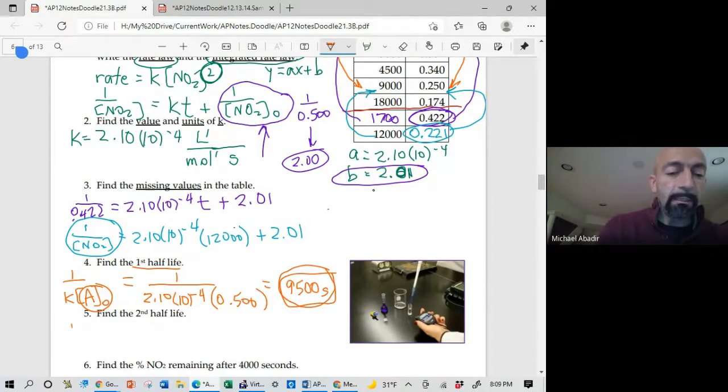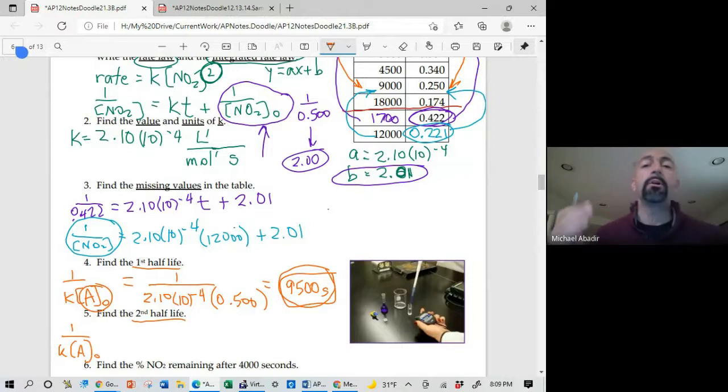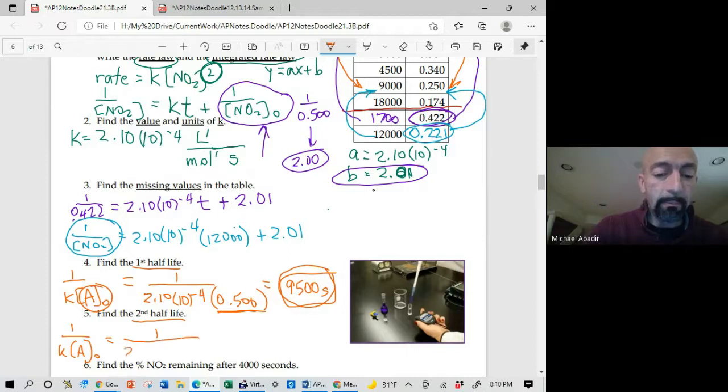So that's going to be 1 over ka0. But now be careful, because it's the second half-life. That means it's already cut in half one time. So the original concentration is no longer going to be 0.5. My new A0 is going to be 0.250, because that's the new amount after one half-life in order to get the second half-life. So this is going to be 1 over 2.10 × 10^-4.